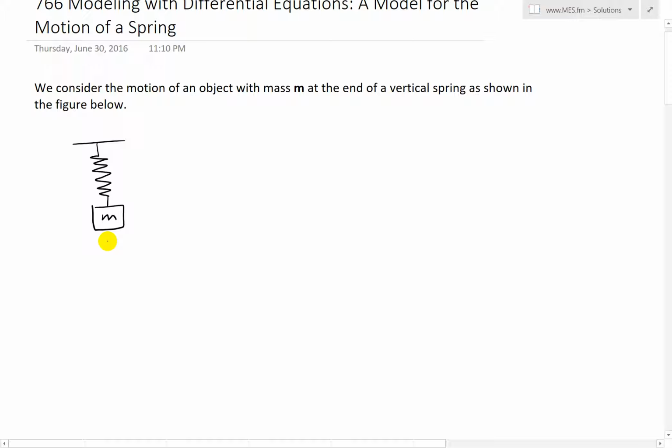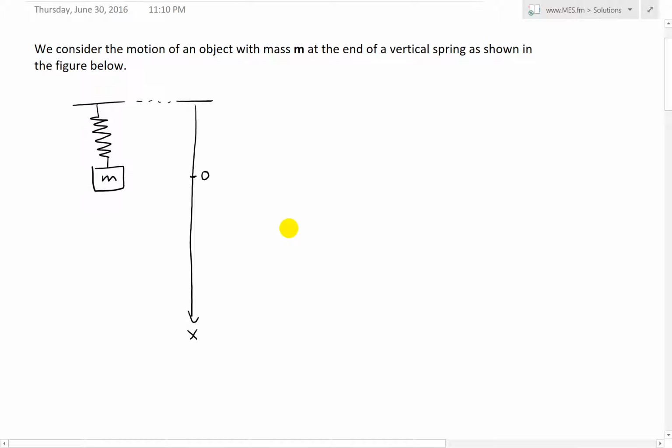So if you were to have a graph like this, at this point right here, we'll call this 0 because this is position 0, this is an x-axis, just describing the height of it.